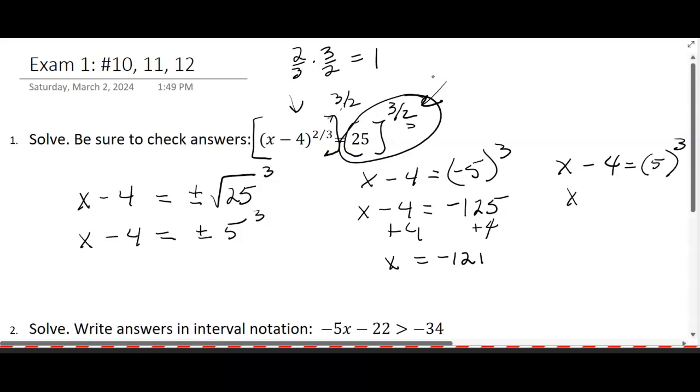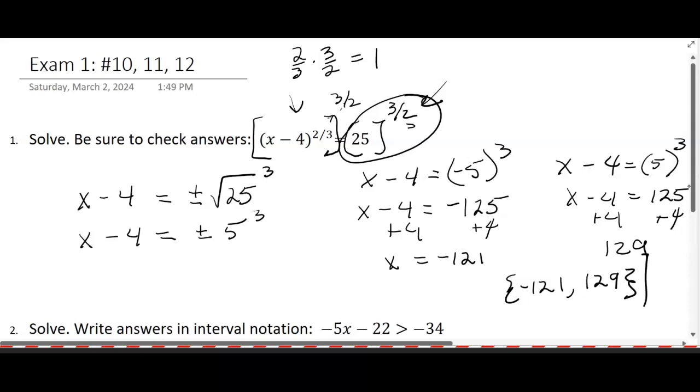On the other case, you get x minus 4 equals positive 125, and then when you add 4, you get 129. And they actually both work if you try them. So you get two solutions, negative 121 and 129.